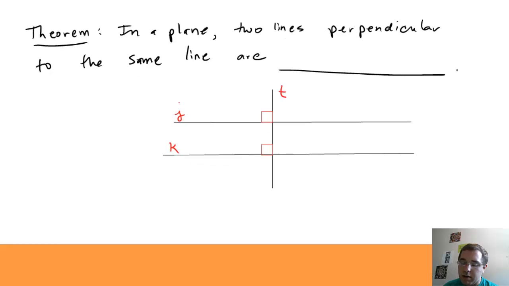In a plane, so we have to be in the same plane, two lines perpendicular to the same line are, let's think about it. If we know that line J is perpendicular to line T, and line K is perpendicular to line T, then they both form right angles with line T. Those right angles are themselves corresponding angles.